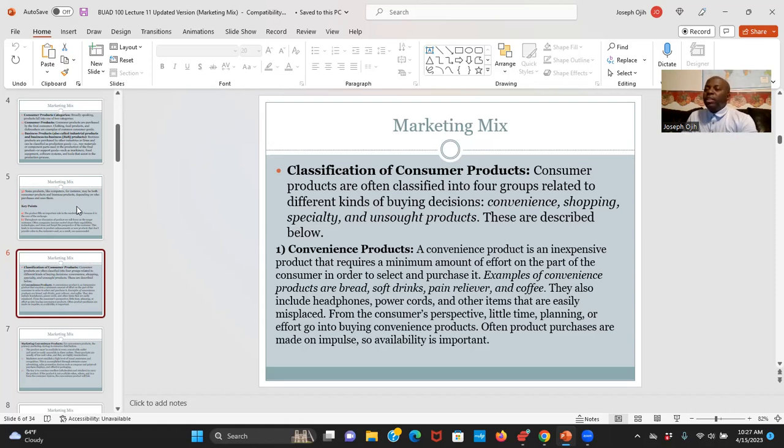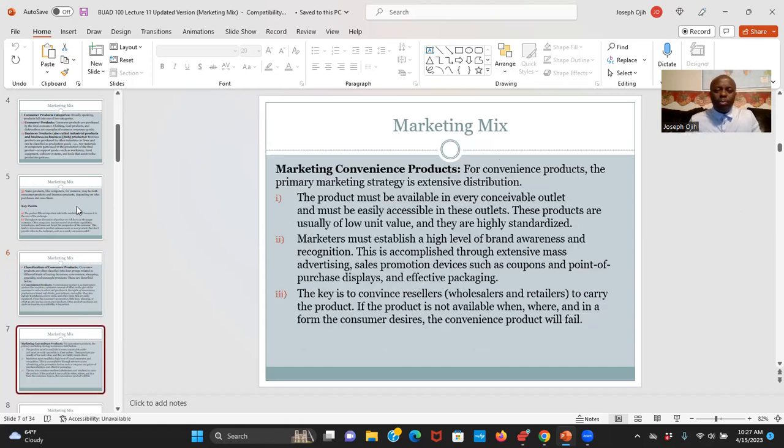By the time you get to Baltimore City, the phone is almost dying because the battery is going down. So you can just stop at any 7-Eleven or Royal Farm and buy a power cord or a charger for the phone. You just move in, get it, get out. It's very convenient. You're not pushing any cart. That's why I call them convenience products.